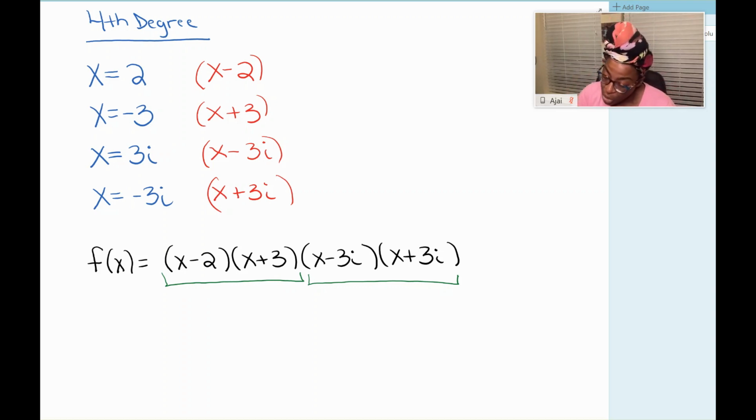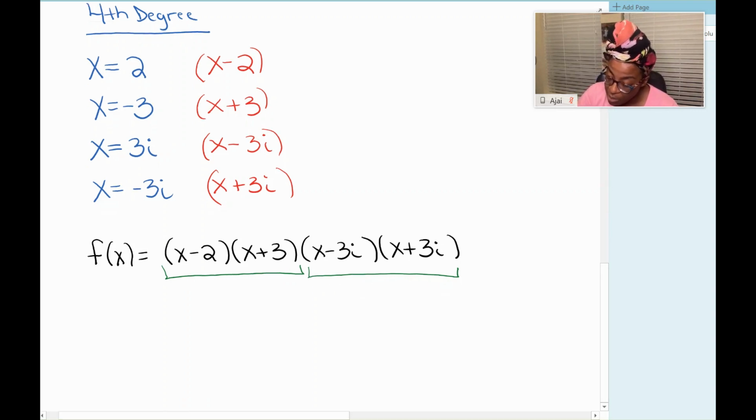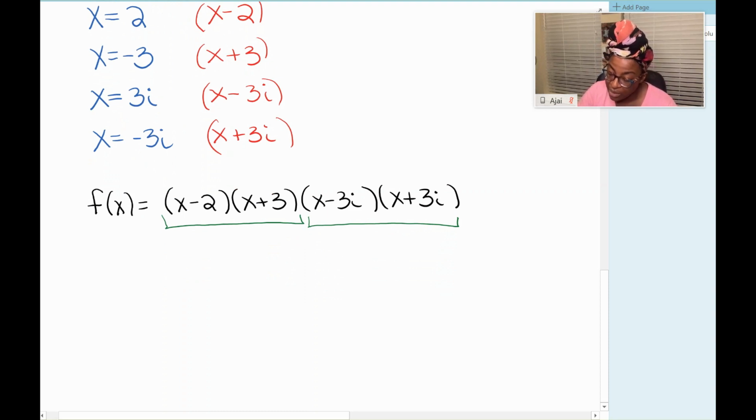Okay, so let's slowly work through this and see if we can make it happen. I'm going to multiply the first two together and see what happens. So this is going to be just simple FOILing here. This is going to be x squared plus 3x. And then I distribute the negative 2.